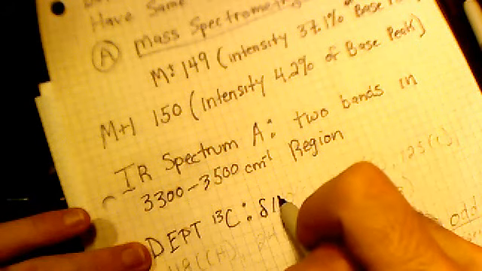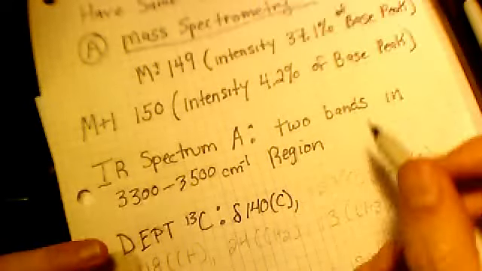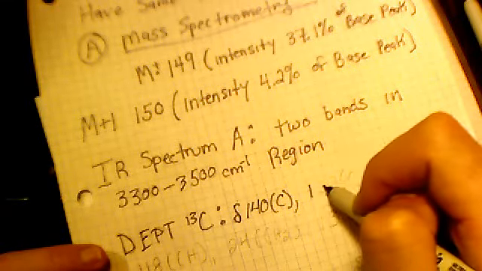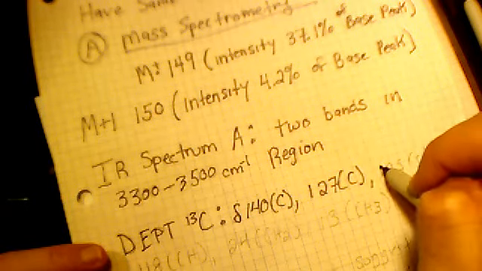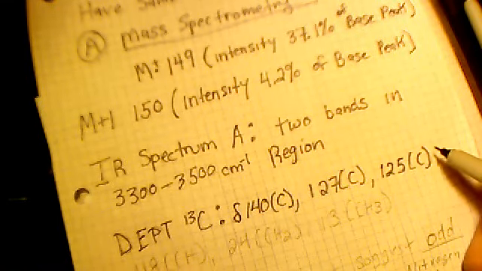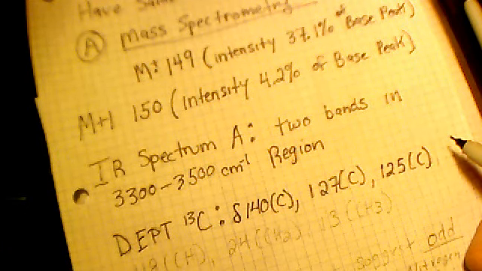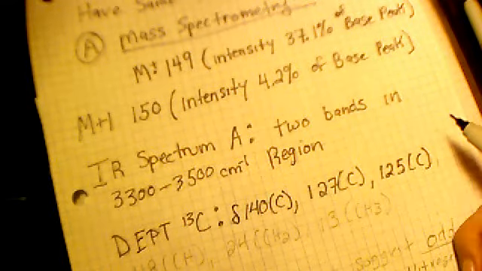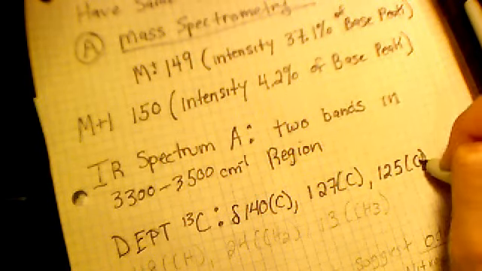So they have a chemical shift of 140, and that's just a C with no hydrogens, so that's closest to the electronegative atom. 127, that's another C with no hydrogens. 125, another just carbon, unless I'm crazy. Then 127 and 125 are CH.